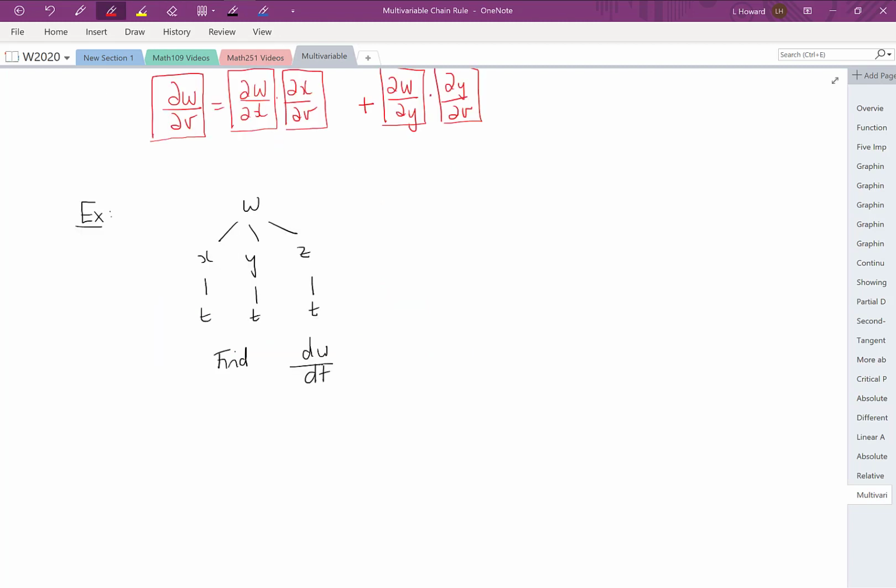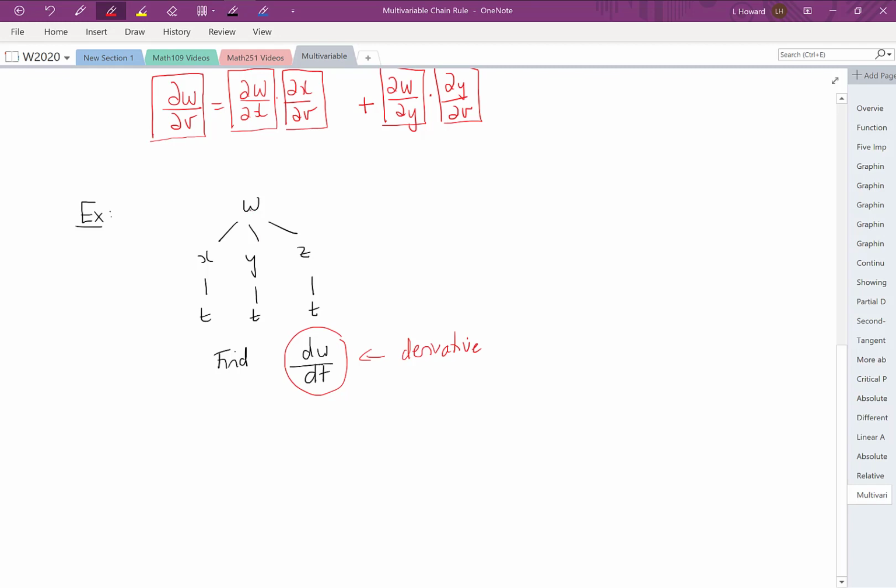Here's a new situation, a fresh diagram for us to look at. w depends on x, y, and z, and each of x, y, and z are functions of t. What we'd like to find here is dw by dt. Notice this is just a regular derivative. It's not a partial derivative.